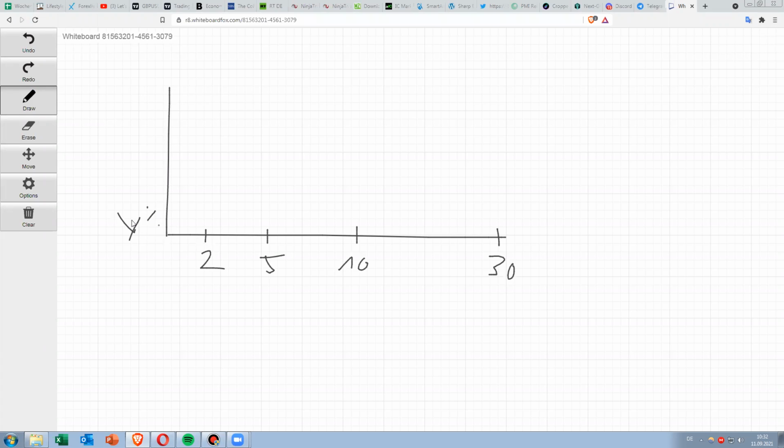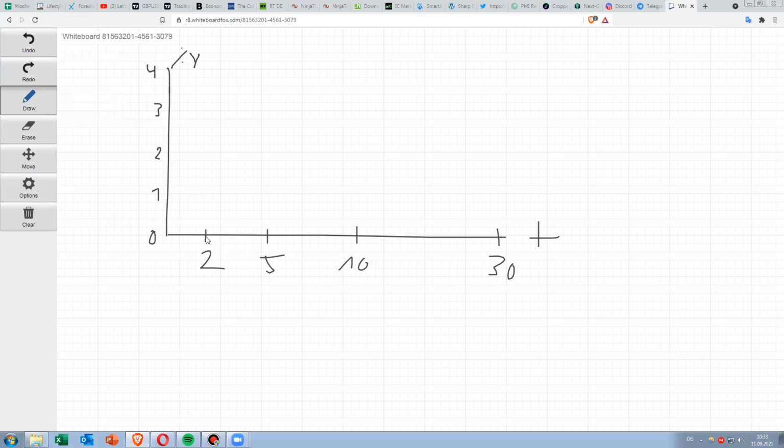This is time, and this is percentage yield. We get like 0, we got 1, 2, 3, and we make 4 of it.